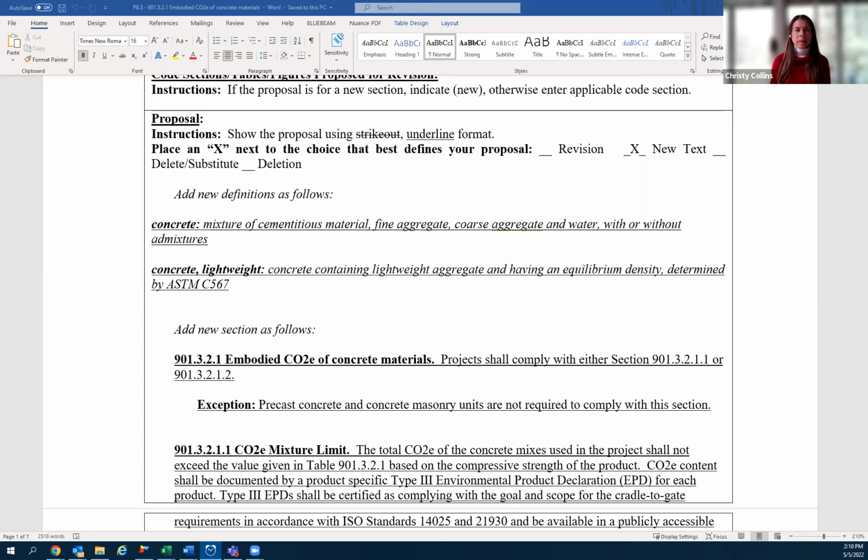There you go. So research has shown that cost is not necessarily an issue at the project level. There can be an additional cost when it comes to the development of the EPD for many of the manufacturers. So research has shown that at the project level, there's either a cost savings because there's a reduction in the amount of concrete that's being used in the project, or up to a 1% cost increase.